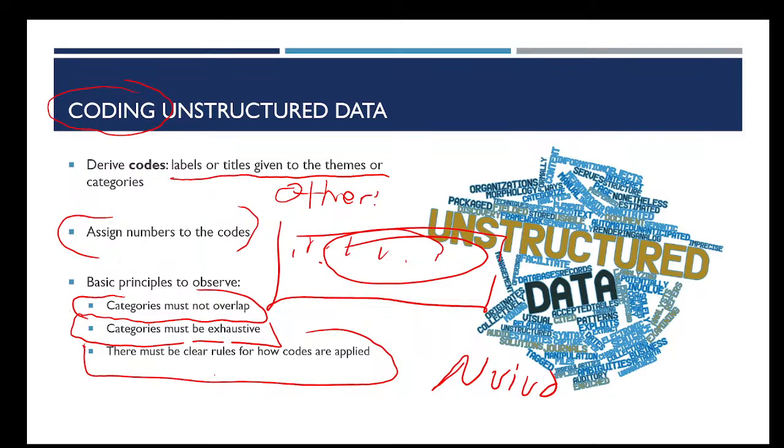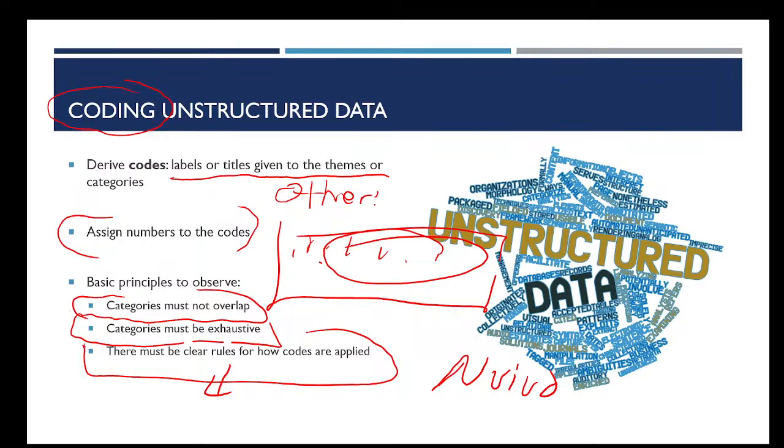This is especially true when you have multiple people coding data, right? If I'm doing a project and I'm coding my own data, and no one else is going to look at it other than me, you're probably okay to have pretty loose rules.